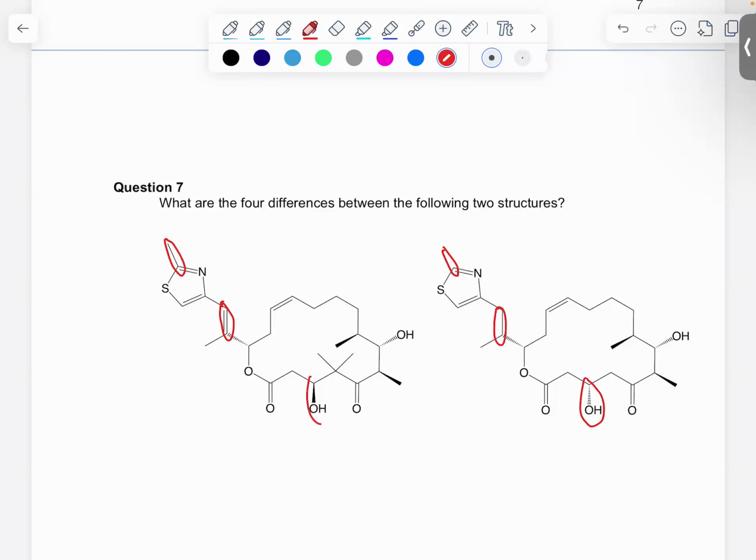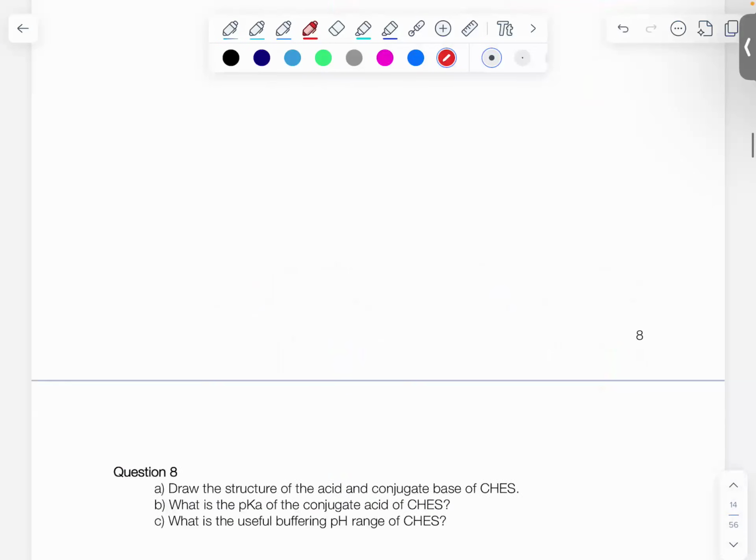The chirality of this center is different. And here we have these two methyl groups that here are 2 protons. So there you have the 4 differences.